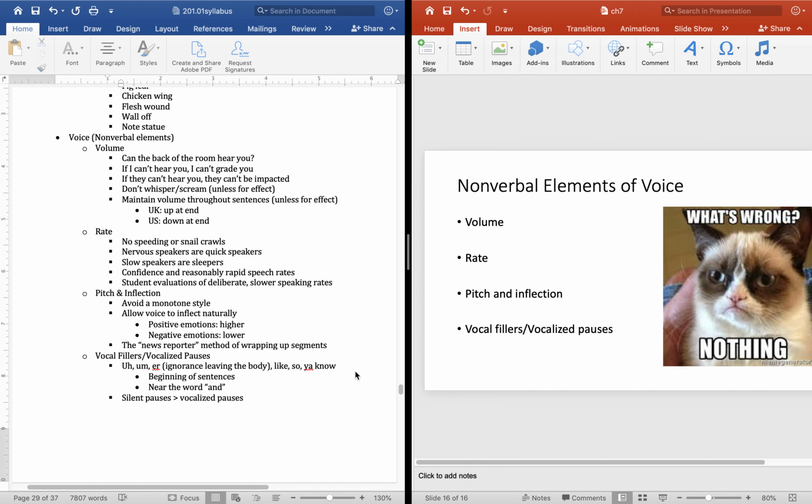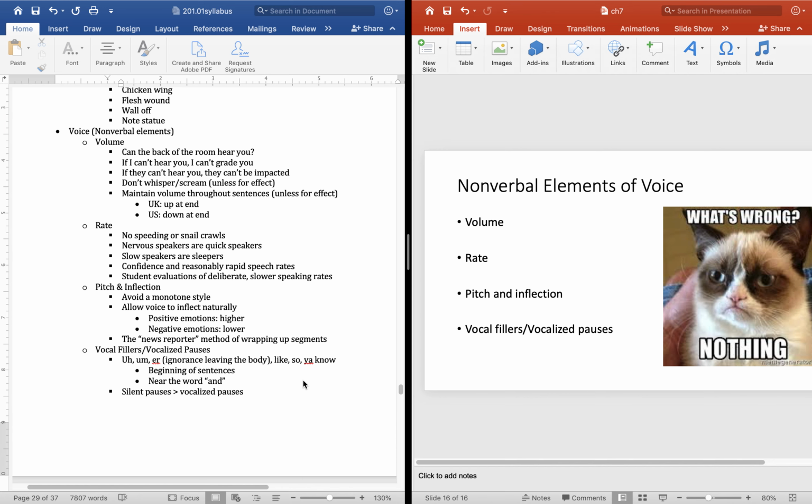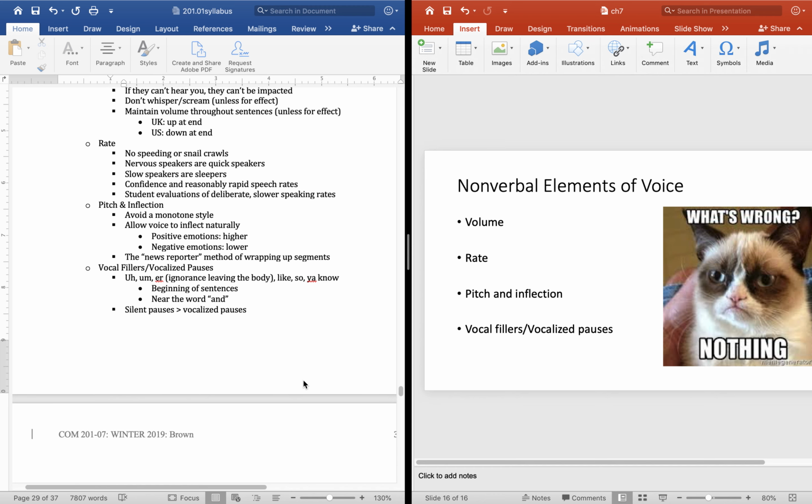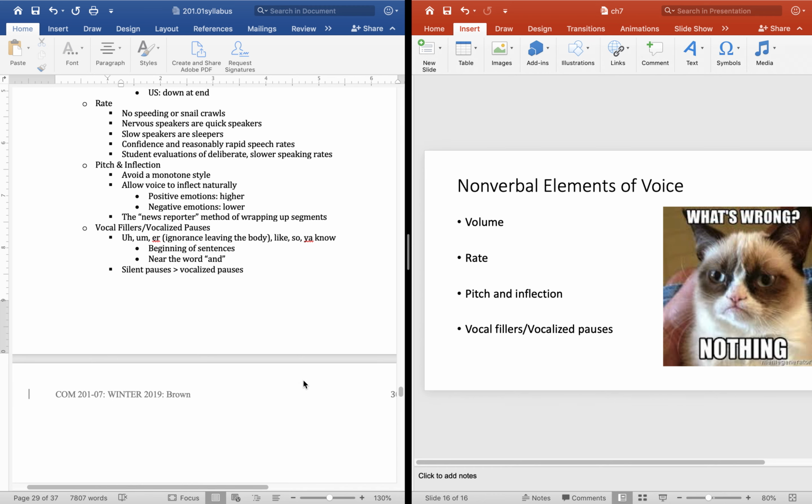Vocalized pauses are, and people will do this, and they'll also do it near the word and. Right, so it'll be, and you should know now that we are going to really talk about, you know what I'm talking about. So be aware of those things. That takes away from your credibility. It can be distracting to your audience. But if they're just a few here and there, it's not a big deal. Everybody does it on some level.